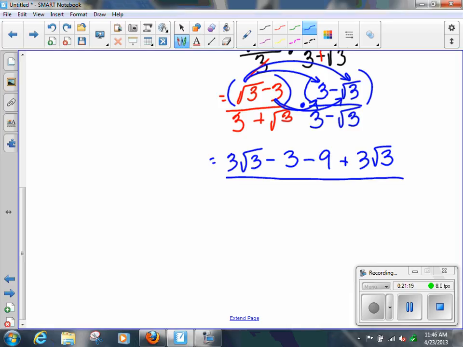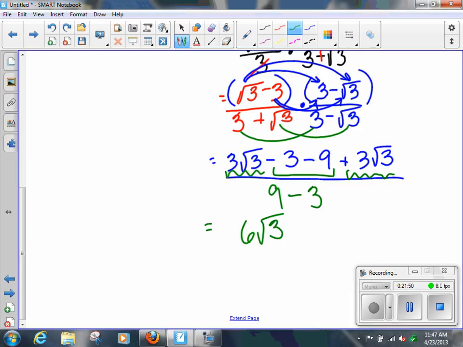It's difference of squares, which means I only have to do the F and the L, right? 3 times 3 is 9. Root 3 times negative root 3 is minus 3. Everybody cool? Good. Combine like terms. 3 root 3 plus 3 root 3 is what? 6 root 3.